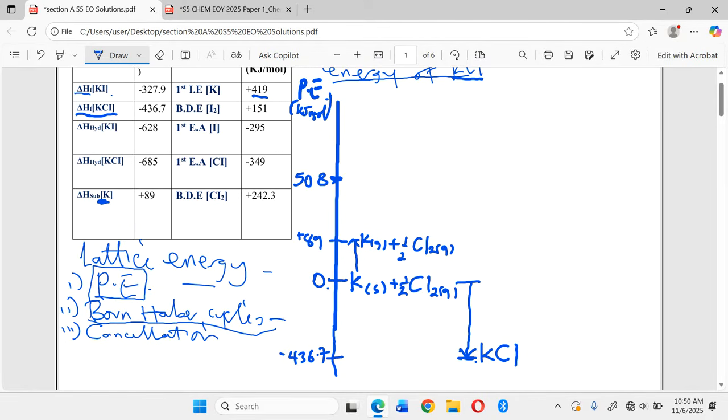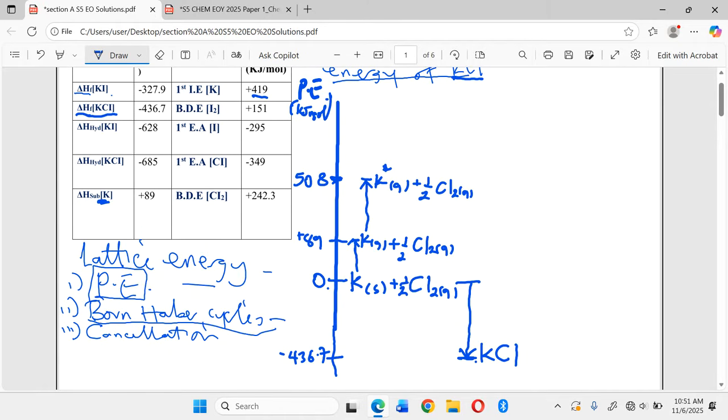From 508, at this stage we are having the potassium ion still in the gaseous state, and the chlorine has not been touched, it remains chlorine gas. Are you seeing that? Okay. Now, can we do anything else on potassium?